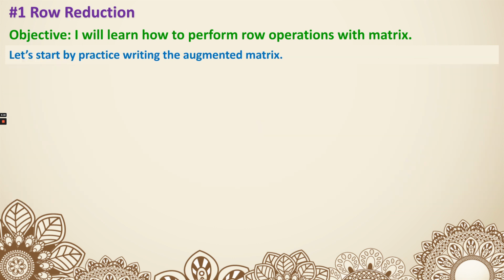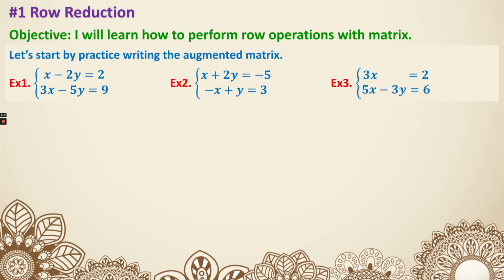Now let's actually practice writing down some augmented matrices. First, for example 1, I will show you the coefficient and the answer matrix, but again, our goal is to actually form the augmented matrix. So for 1, coefficient matrix. That means I just need to copy down all the coefficients. That will be 1, -2, 3, -5. Just all the coefficients for x and y.